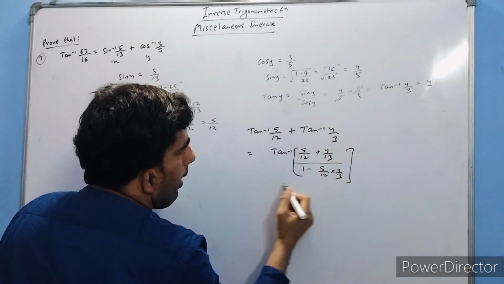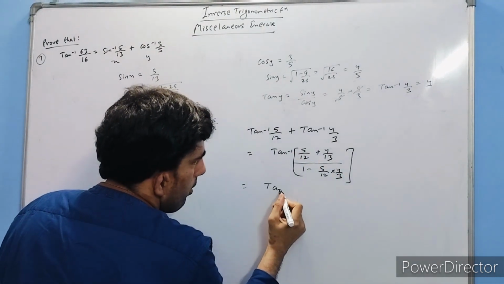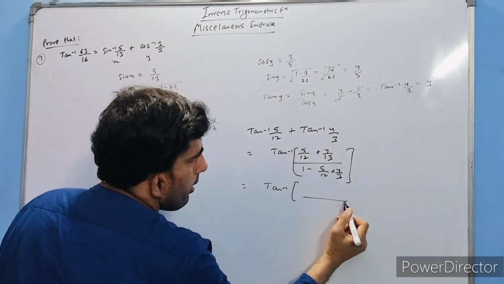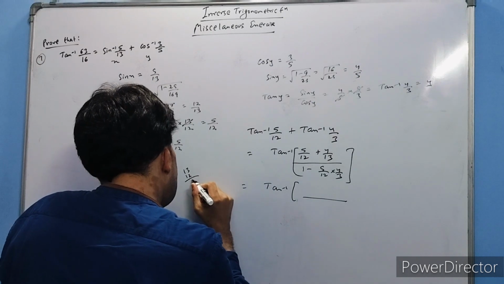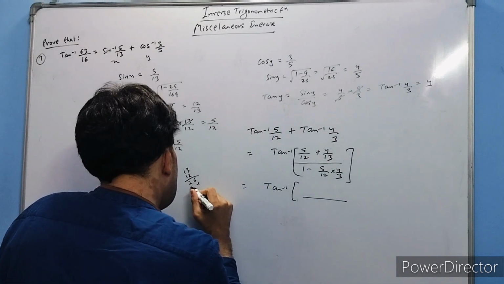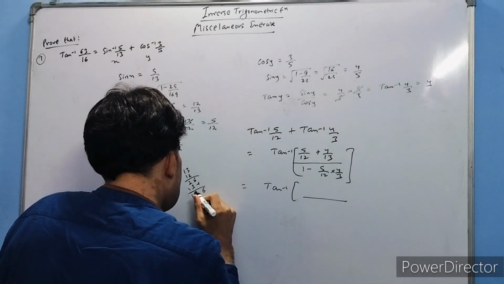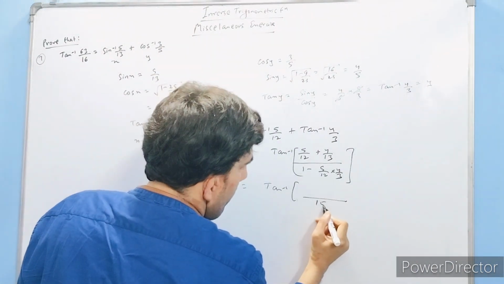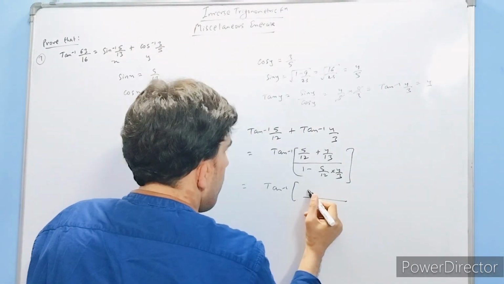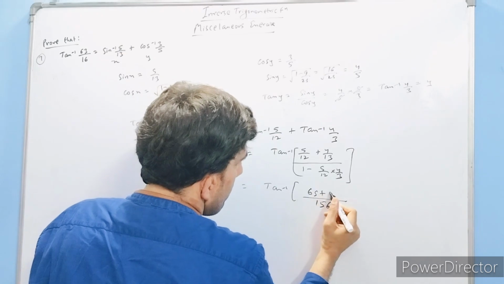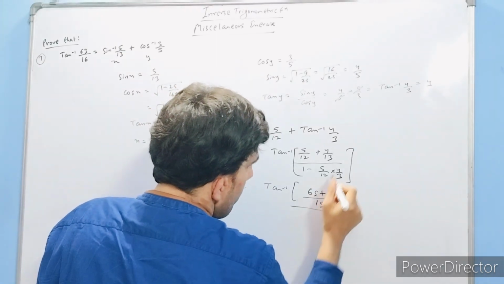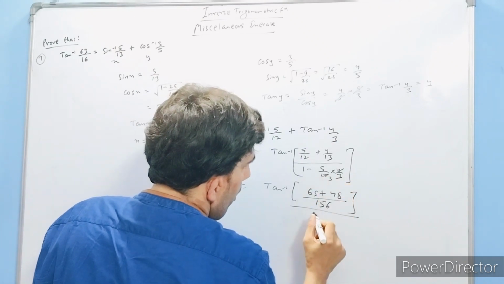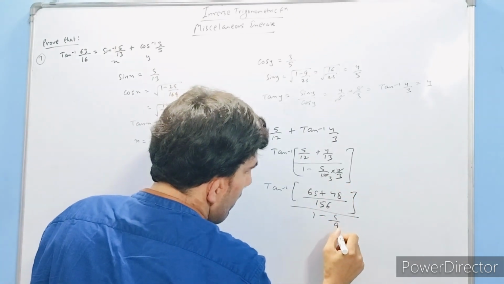So now I have tan inverse here. If I take the LCM, 13 into 12, so I have got 156 here. So now 65 plus 48 upon I have 1 minus 5 upon 9.